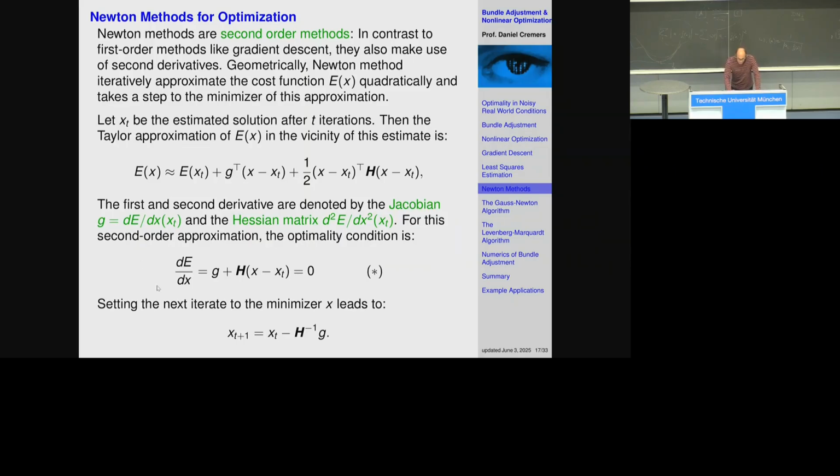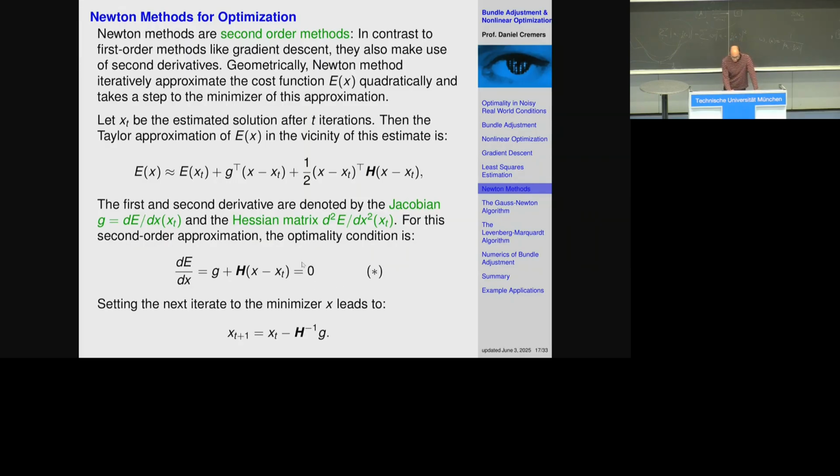I should say this is not exactly dE by dx, but it's the derivative of this approximation with respect to x. Where x has a linear term, we get the g, and in the quadratic term, it's just H times x minus xt.